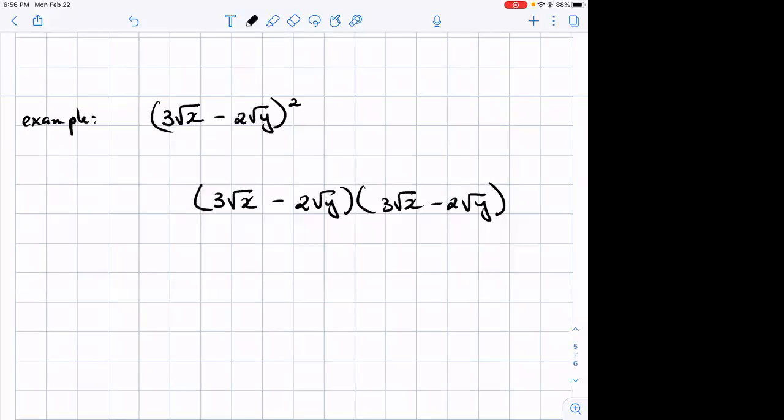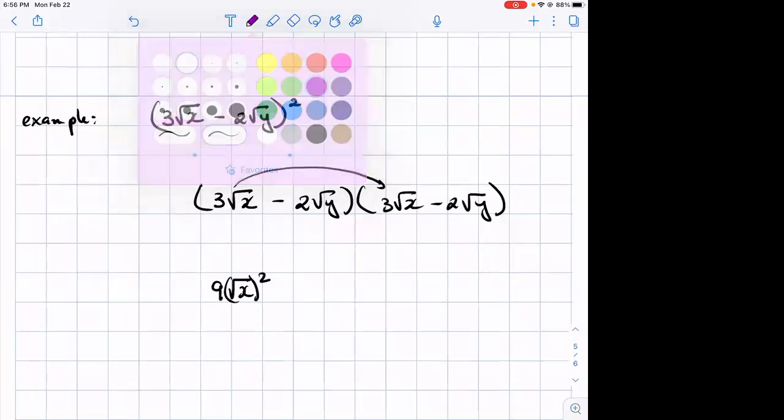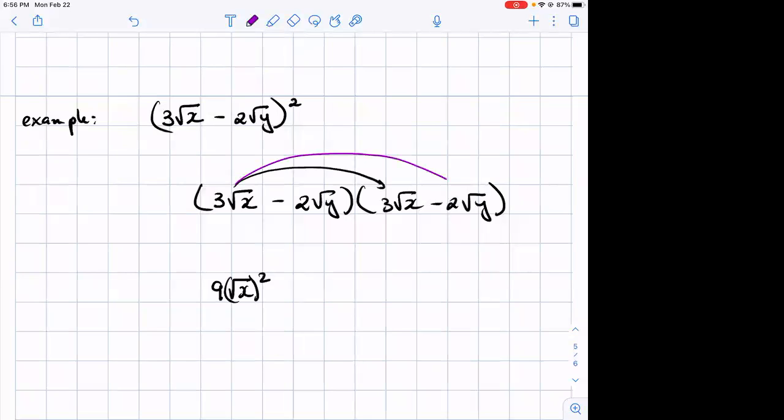So if you multiply this out, 3 times 3 becomes 9 root x squared, right? Because root x times root x becomes root x squared. And then we multiply again, 3 times the next term, so that becomes minus 6 root x times root y.